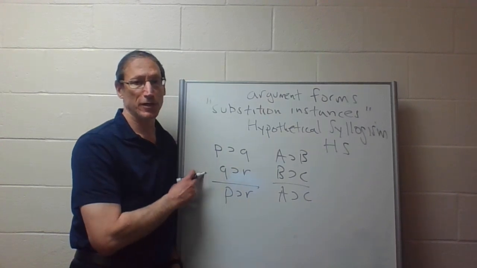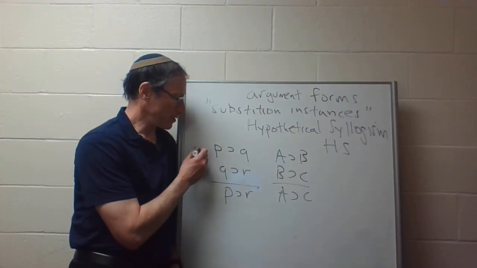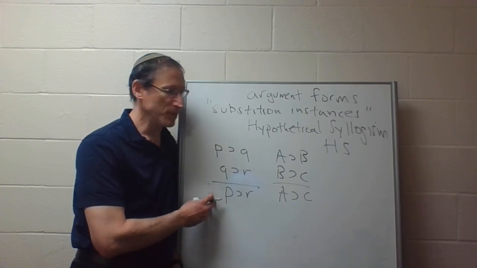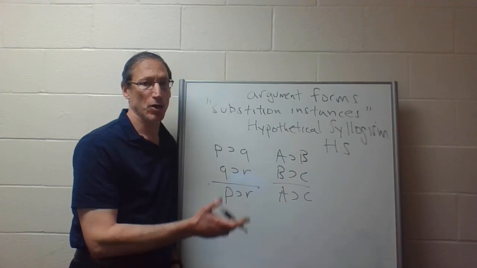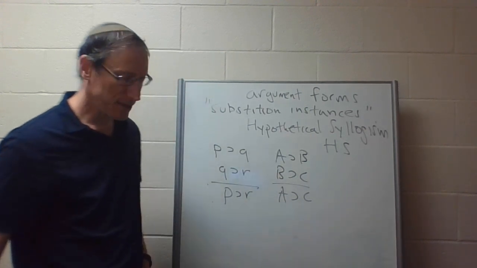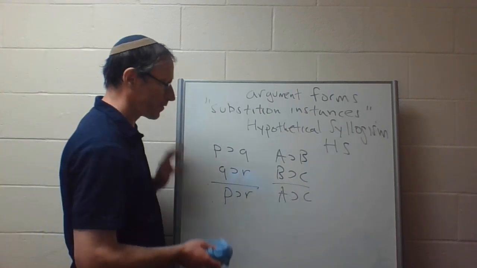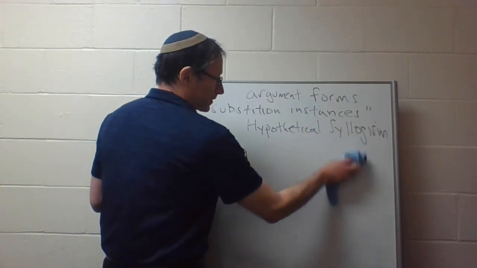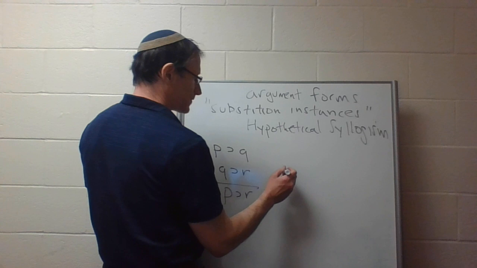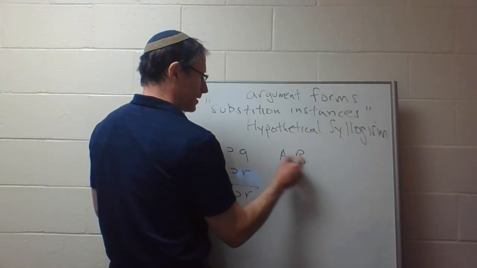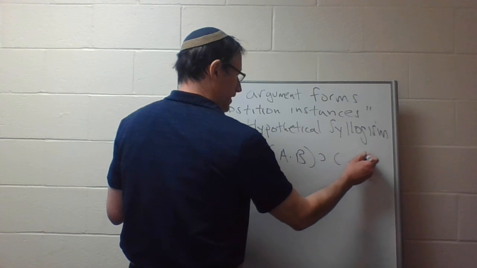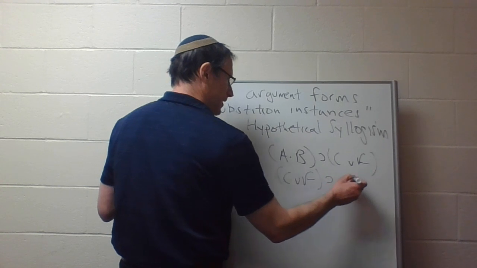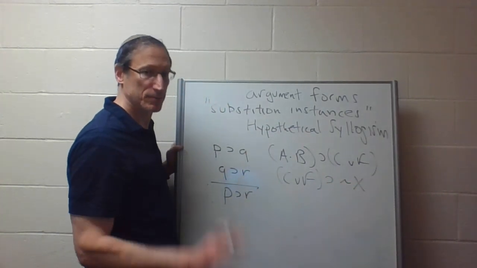If you think about that, it does make logical sense. Also, if you do a truth table for this argument, you will find that it comes out to be valid. So this is a valid argument form. And what that means is that any argument, no matter how complex it gets, if it follows this same form, will be a valid argument. So, for example, if I have something like A dot B horseshoe C wedge F, and then I have C wedge F horseshoe not X, that's a capital X, okay?